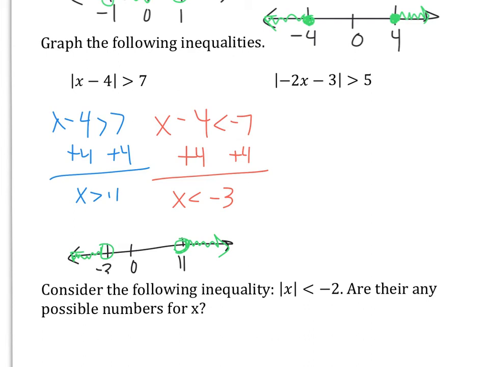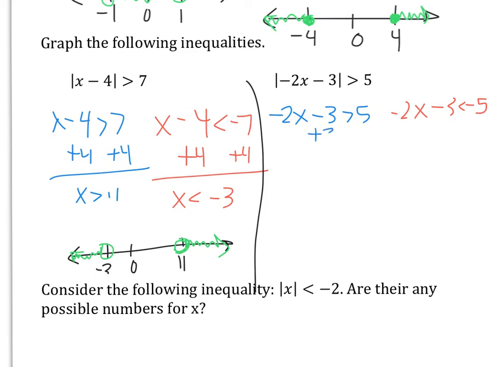All right, this next example, I will write the first inequality as I see it. So negative 2x minus 3 is greater than 5. Then the other one, negative 2x minus 3 is less than negative 5. So here we'll go ahead and solve, and I'll add 3 and get negative 2x is greater than 8.